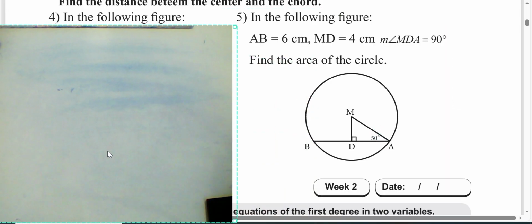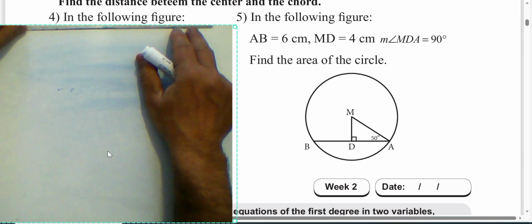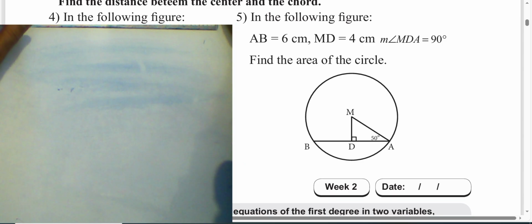Next question, number 5. We have a circle. We want to find the area of the circle. AB was 6 centimeters here, and MD was 4 centimeters.